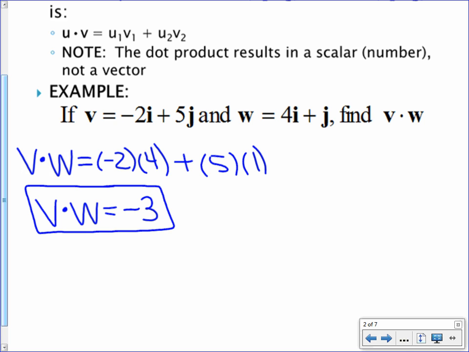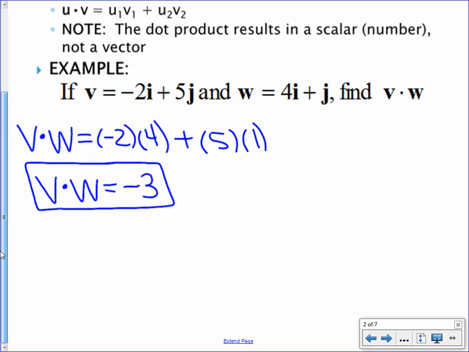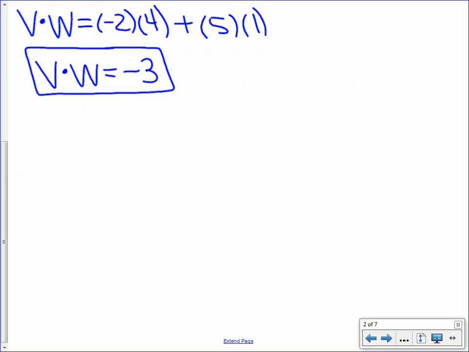Now I want to talk about some properties on page 460. We have some properties here of our dot product that I'd like to talk about. The first property is that the dot product is what?